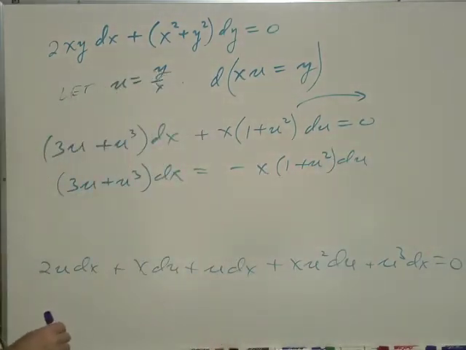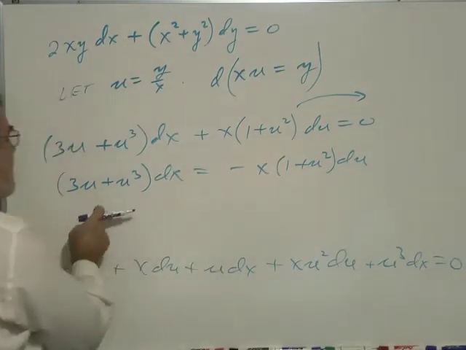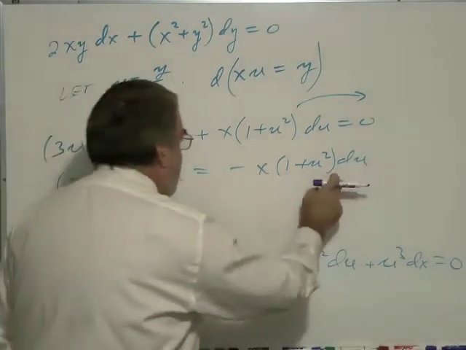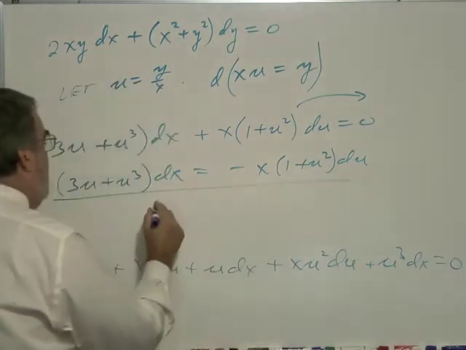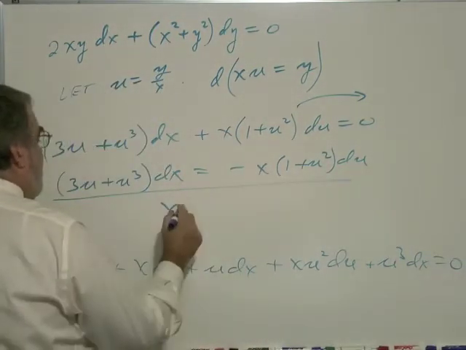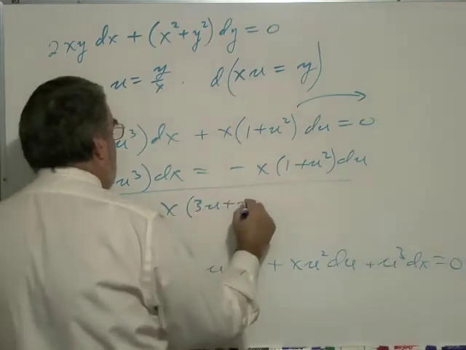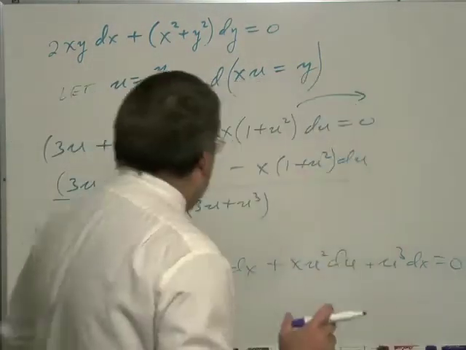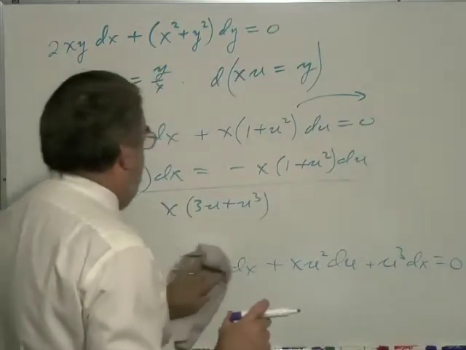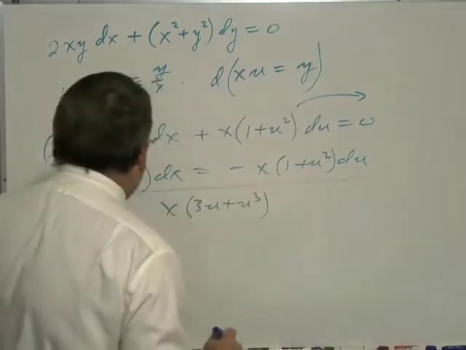And let's divide by x and divide by 3u plus u cubed. Dividing by that term and this term, we'll see what we get, because this looks like it will separate the variables for us.